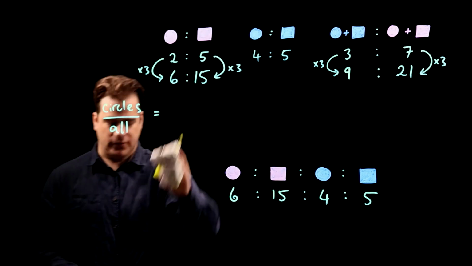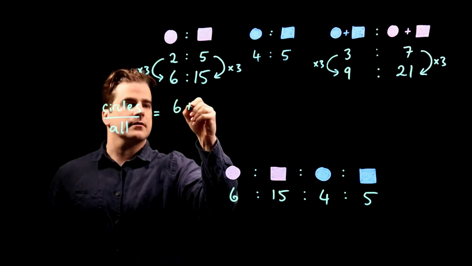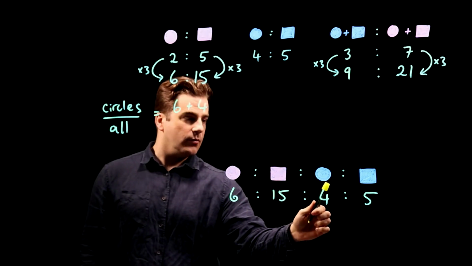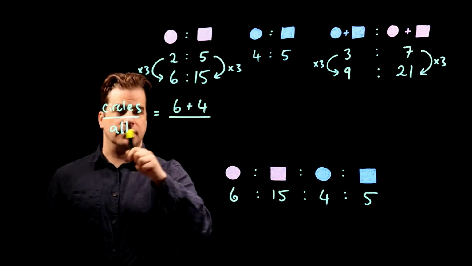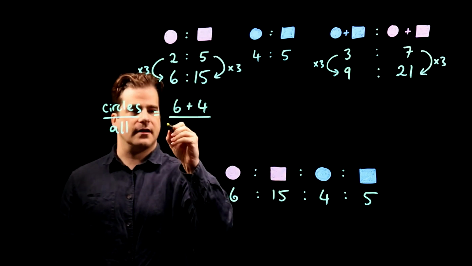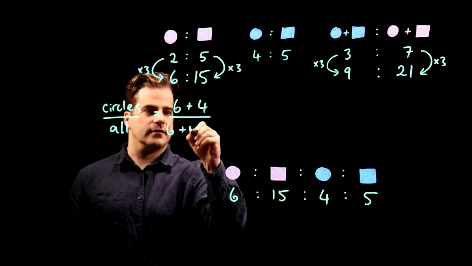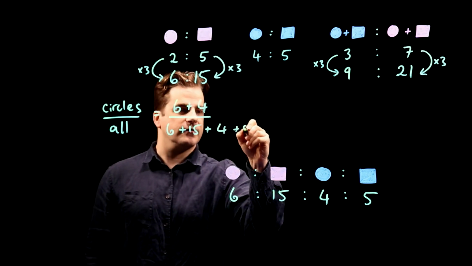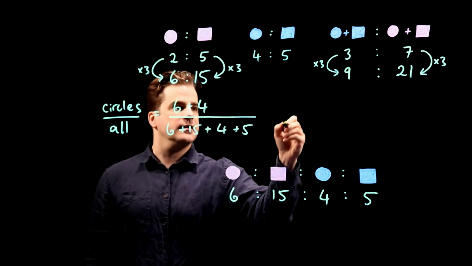Right, it's 6 plus 4. Okay. Black circles plus white circles. The fraction of all shapes is all those numbers added together. 6 plus 15 plus 4 plus 5. Okay.